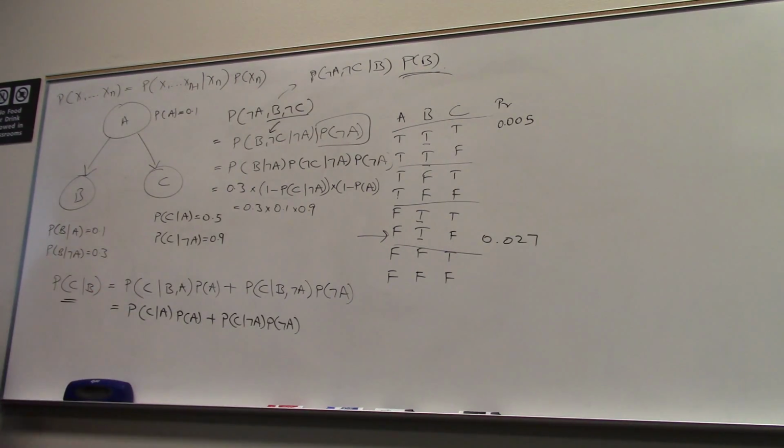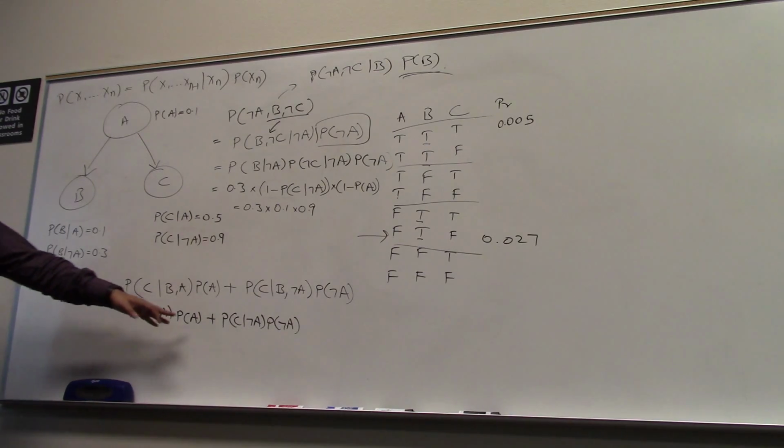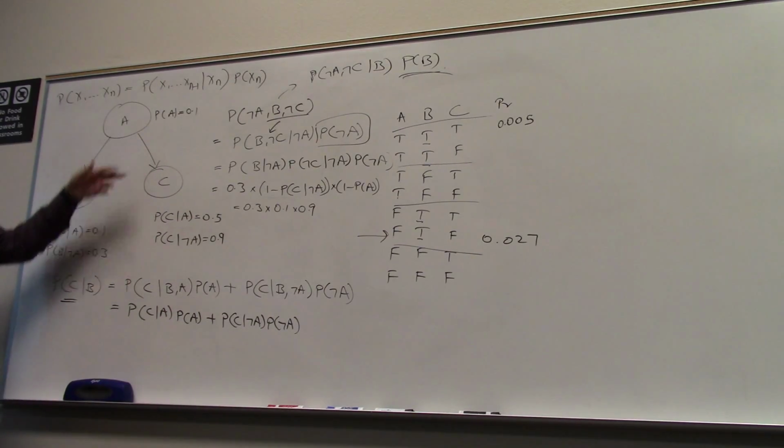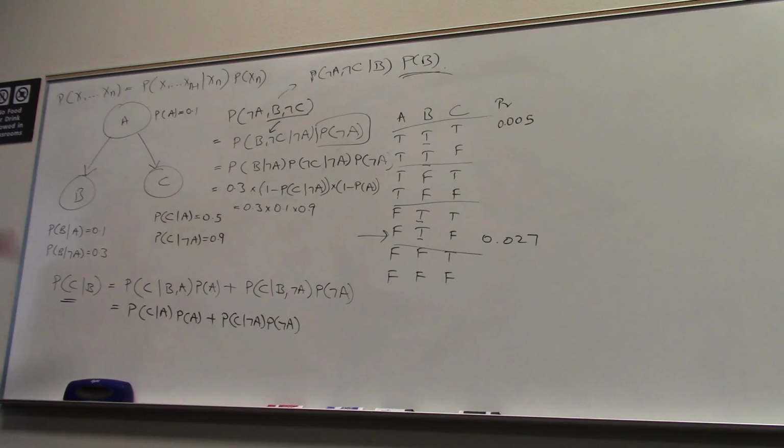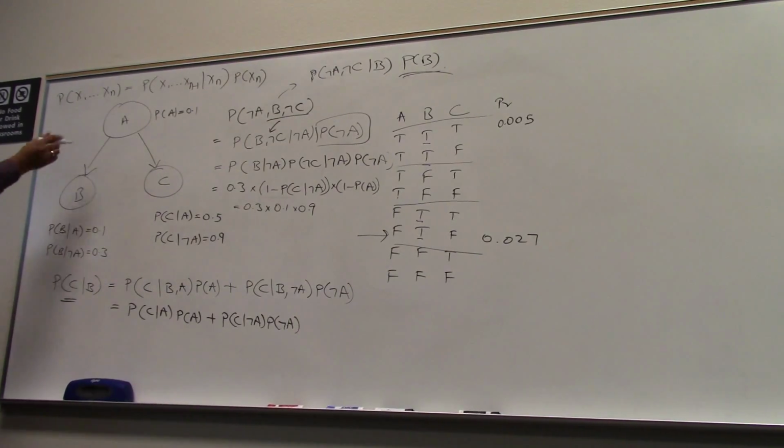B gets away. So it's about the probability that A is happening and A is not happening. This is completely independent of B. Could have many more things here.